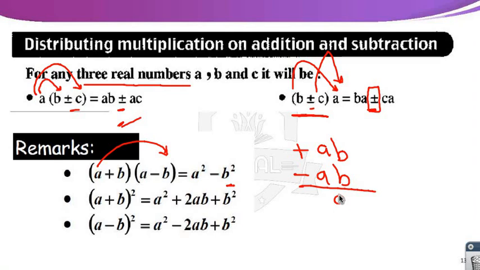So if we have 2 brackets, (a plus b) multiply (a minus b), it will be a to the power of 2 minus b to the power of 2.